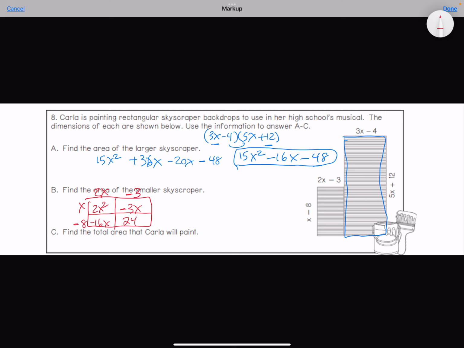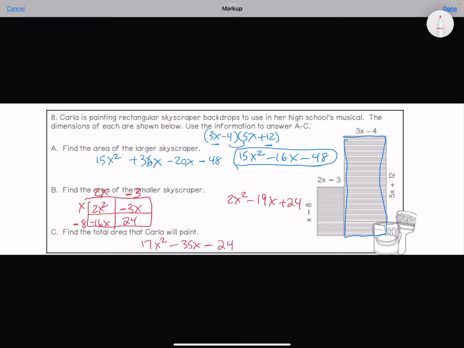Combining like terms gives me 2x squared minus 19x plus 24. So that's the answer to B. The answer to C is finding the total area, which is combining like terms. So I have 17x squared minus 35x minus 24.